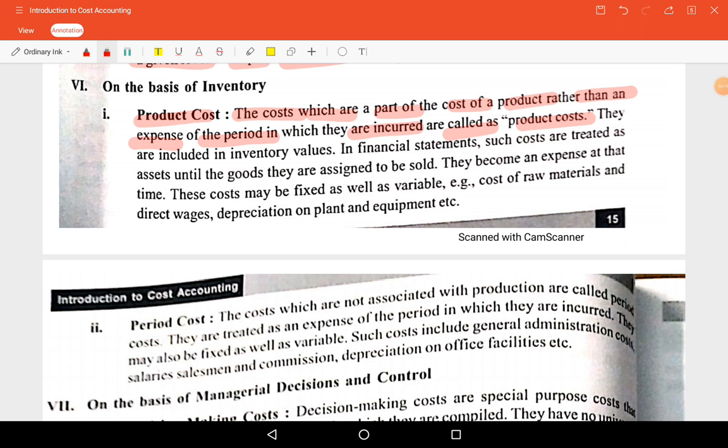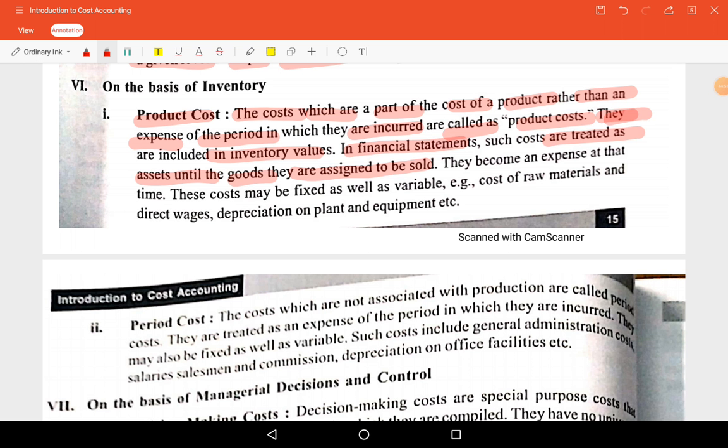These are called product cost. They are included in the inventory value. Such costs are treated as assets until the goods are sold.